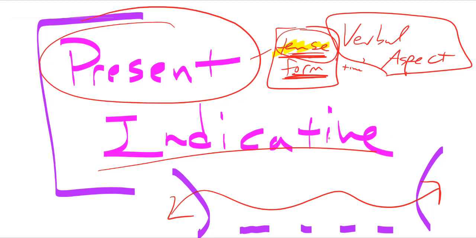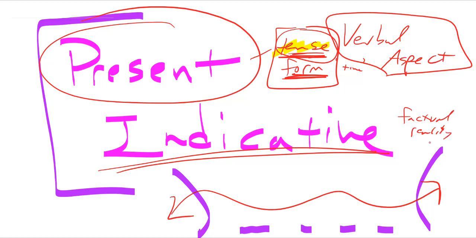The indicative, when we call a verb indicative, it means that the speaker is presenting it as a factual reality. Now we realize that people can lie, right? The devil can speak in the indicative mood, but the speaker or writer is presenting that for mental digestion of their audience as a factual reality.